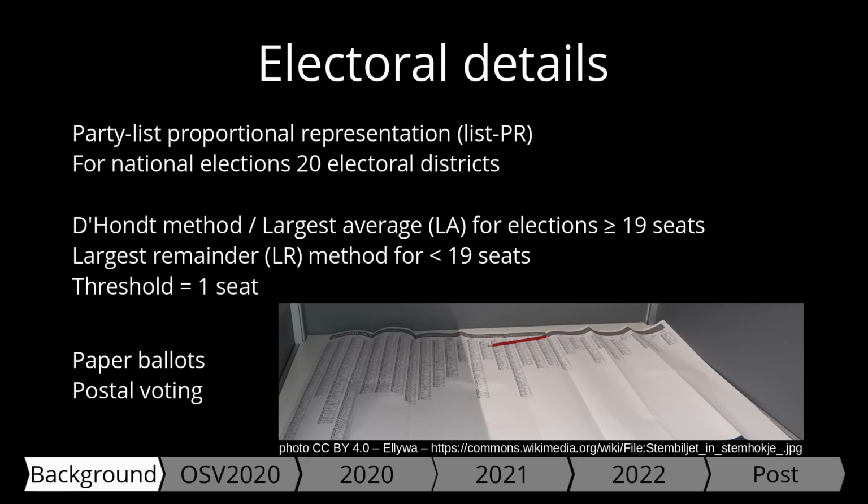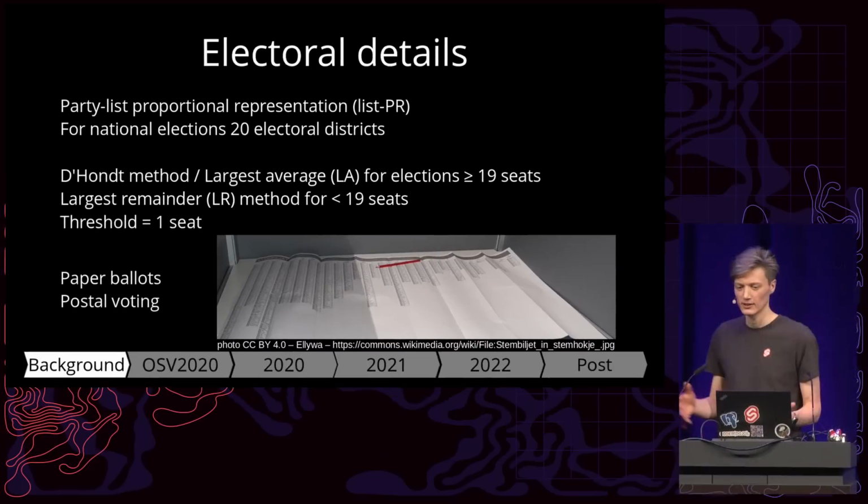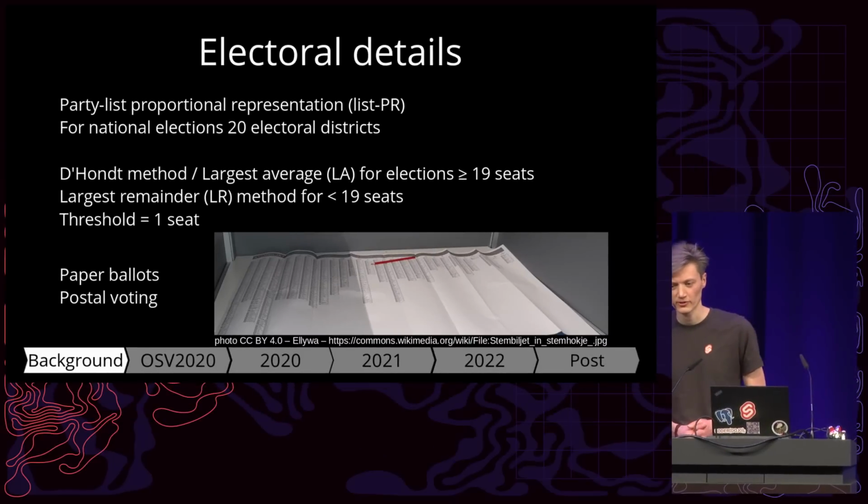Some electoral details. We have a party list proportional representation system, list PR, and for national elections we have 20 electoral districts, but actually the parties can participate with the same list in all these districts, and effectively it's not really used by a lot of parties.